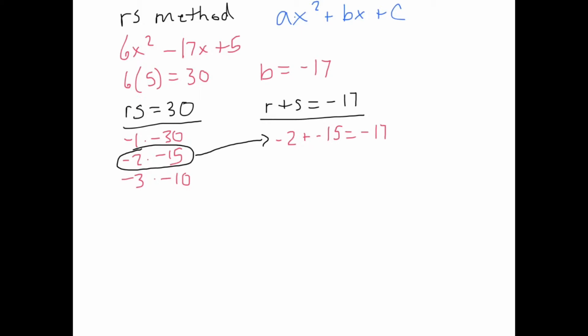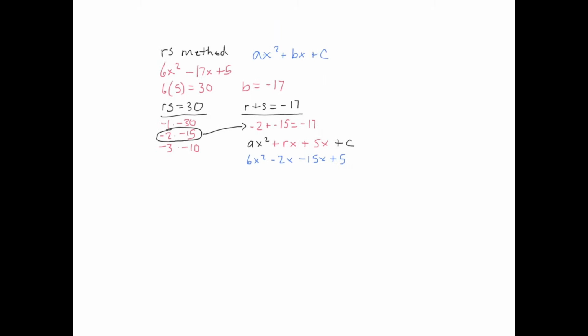So now we want to rewrite this equation in a general form of ax squared plus rx plus sx plus c. And in our case, we have 6x squared minus 2x minus 15x plus 5.